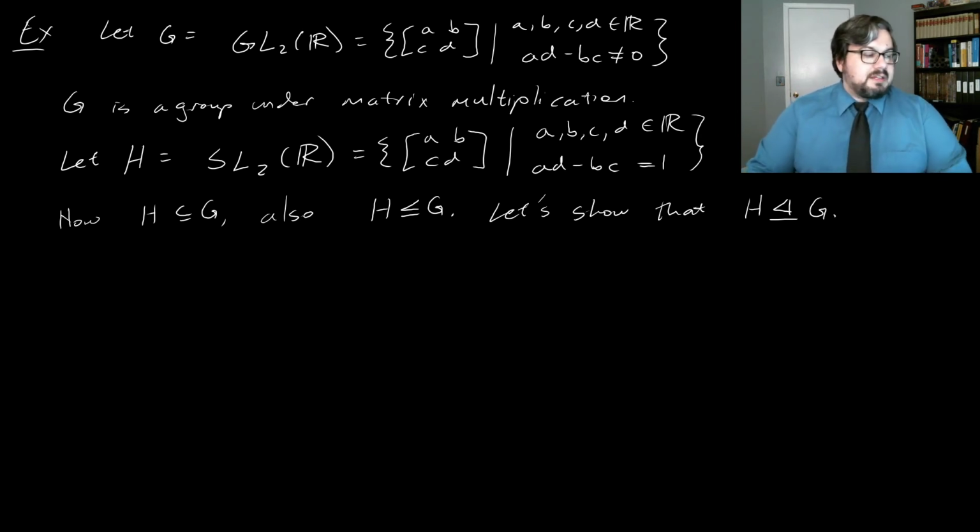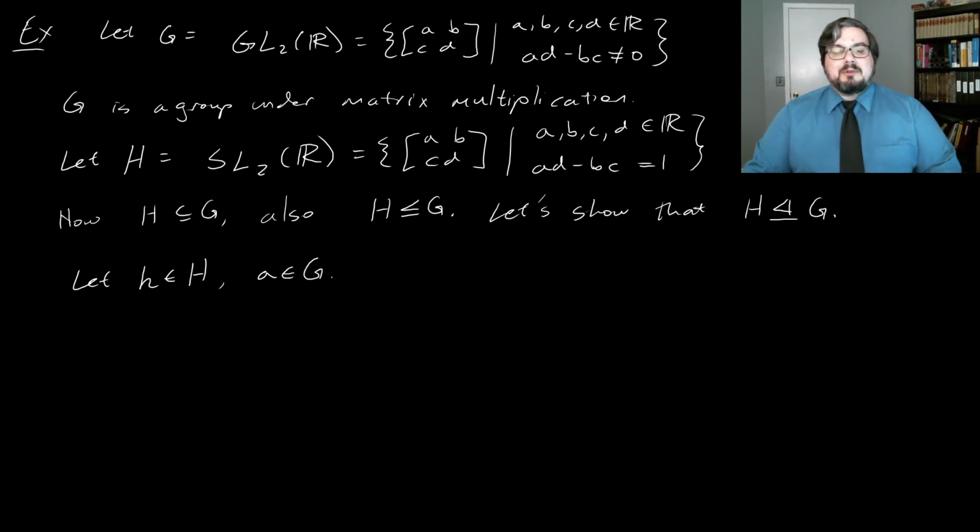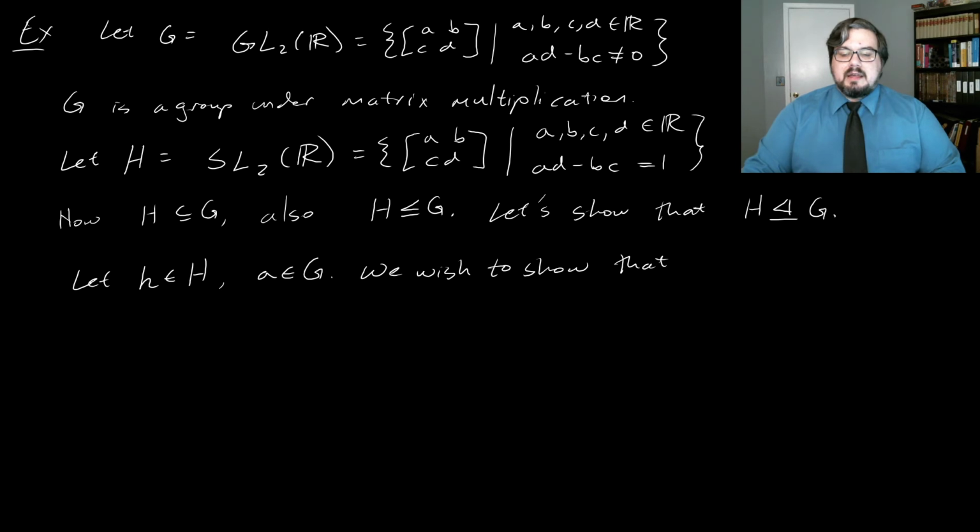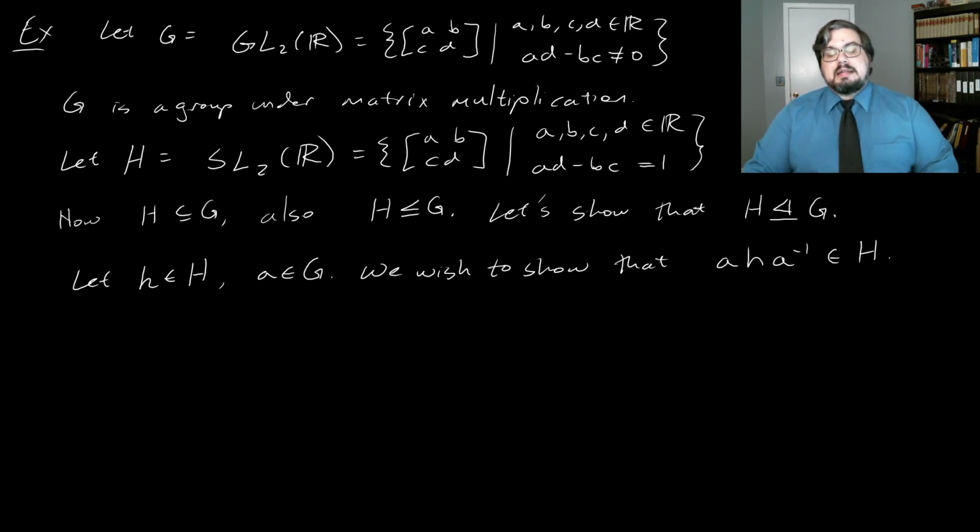So, for this, let's let little h belong to H and little a belong to G. Now, remember that even though I'm using single symbols for these, h is in fact a 2 by 2 matrix, a is in fact a 2 by 2 matrix, and the operation here is matrix multiplication. We wish to show that a h a inverse belongs to H. Now, capital H is the set of all matrices with determinant 1.